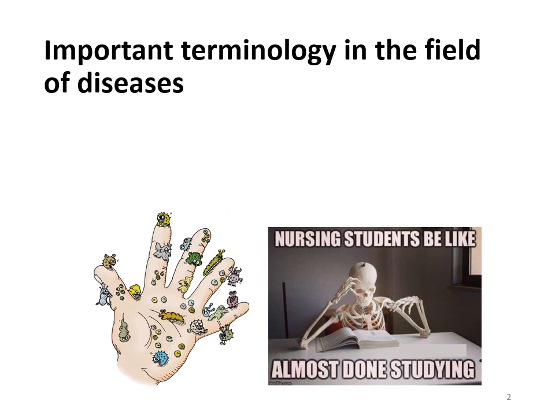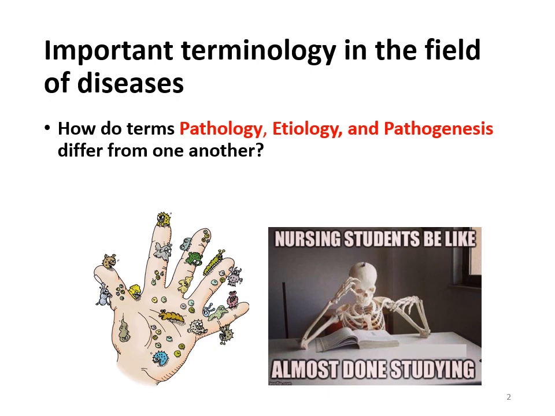So like I said, today there is a lot of terminology. The first bit of terminology in the field of diseases that we need to distinguish amongst includes the terms pathology, etiology, and pathogenesis. And these each have their distinguishing factors about what they truly mean.